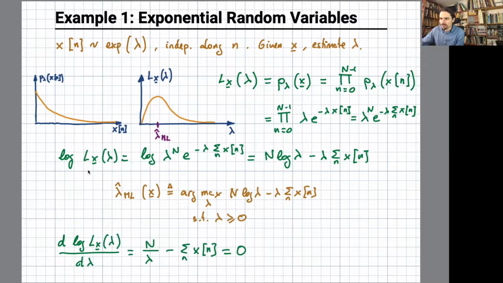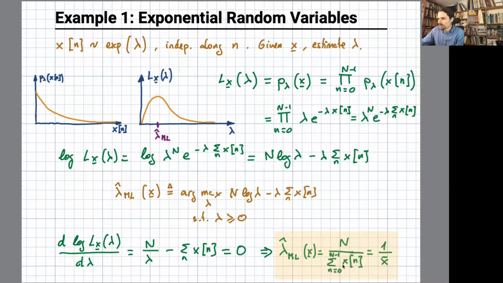To find the maximum, we take the derivative of the log likelihood function with respect to lambda and set it equal to 0, and that takes us to this equation here. So if we solve this equation, we find that the maximum likelihood estimator of lambda is n divided by the sum of the samples, right?